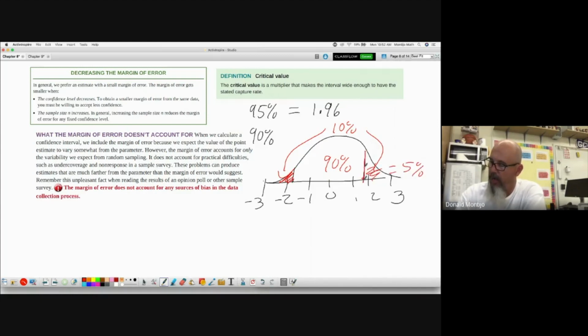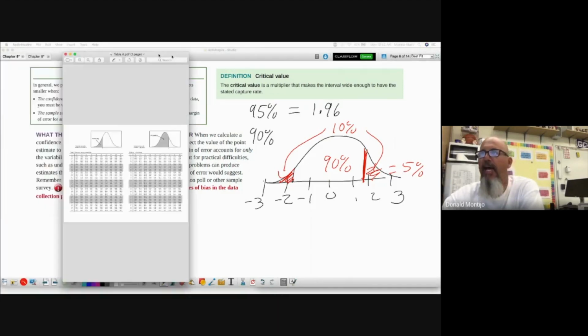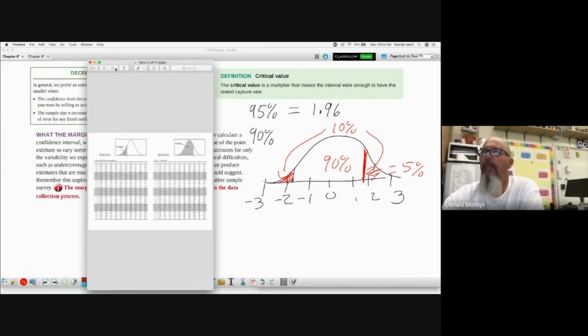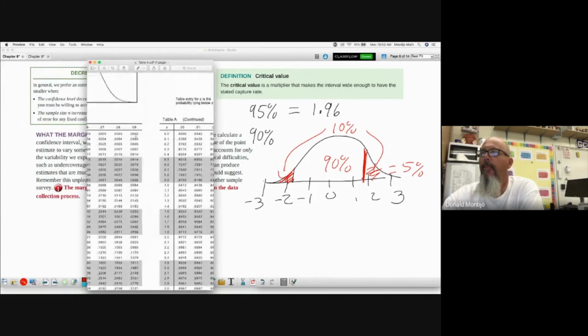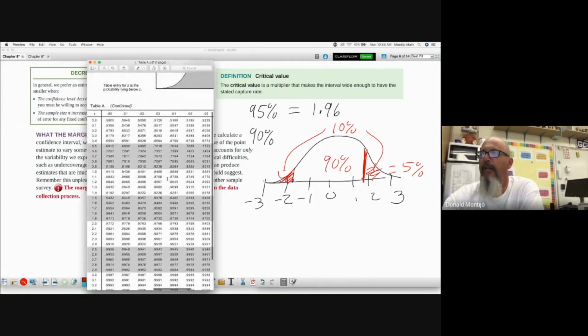So the critical value that I would be looking for would be the point on the standard normal curve in which 95% of the data would fall to the left. So again, if I grab table A, I need to find what is that critical value that has 95%? All right, 95% I'm going to find in here. 0.945, 0.9505.